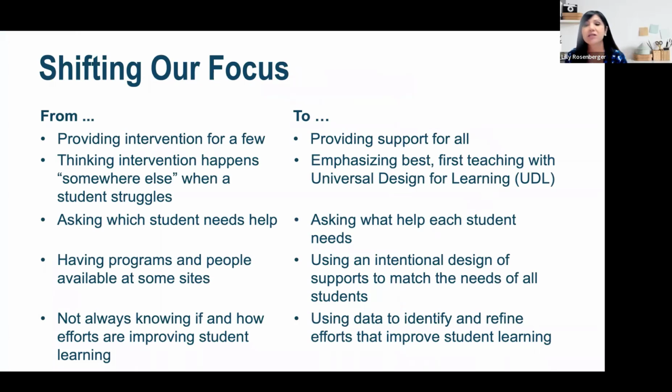As with most aspects of teaching and learning, we're witnessing a shift in thinking when it comes to providing support for all students on a regular basis. Specifically, we're shifting from providing intervention for a few to providing support for all.